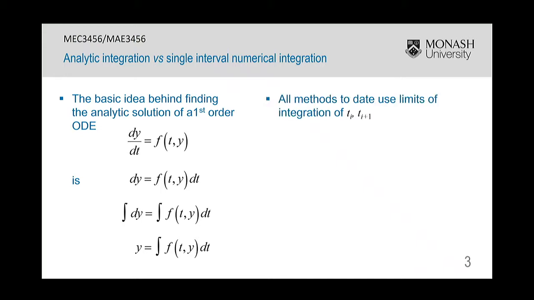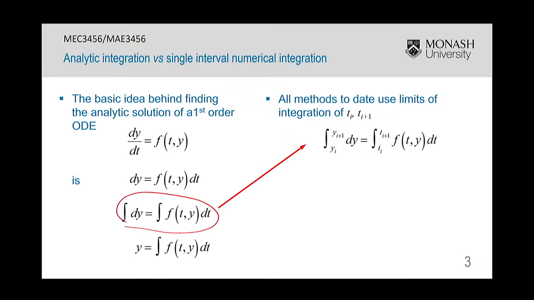So, as I mentioned at the beginning, all methods to date use limits of t_i and t_{i+1}. If we put those limits into our integral, we end up with the integral of dy from y_i to y_{i+1} is equal to the integral of f from t_i to t_{i+1}.